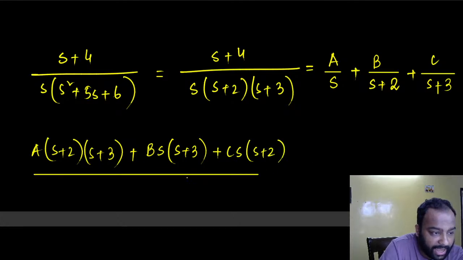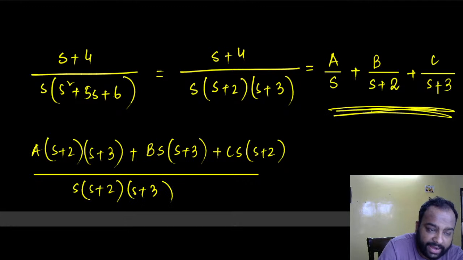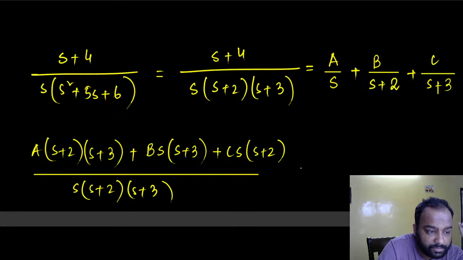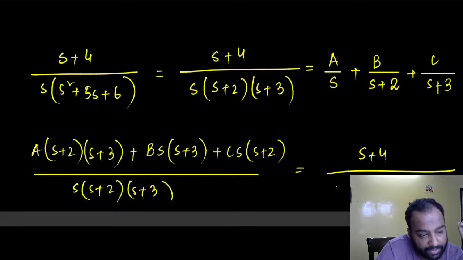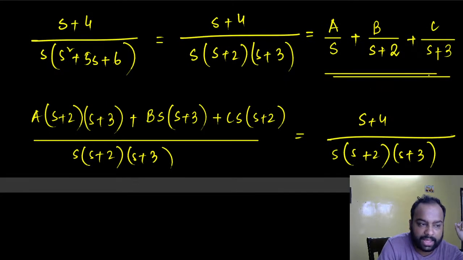And of course in the denominator I would have s into s plus 2 into s plus 3. So we have added these three terms, and that would be equal to s plus 4 divided by s into s plus 2 into s plus 3. We have summed up these terms, and that is equal to this one, right?